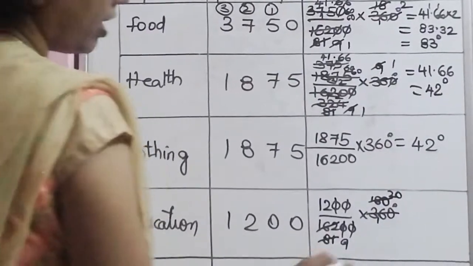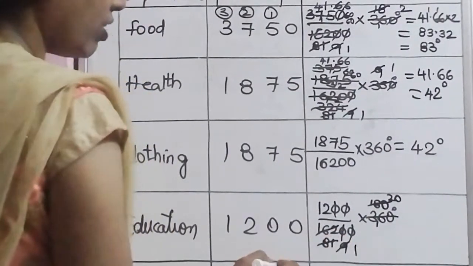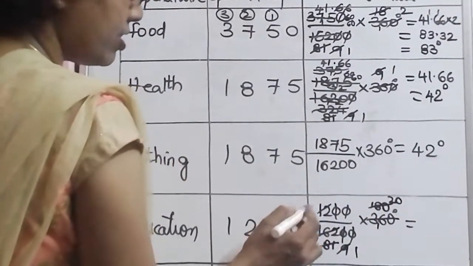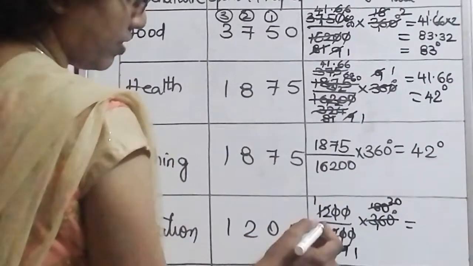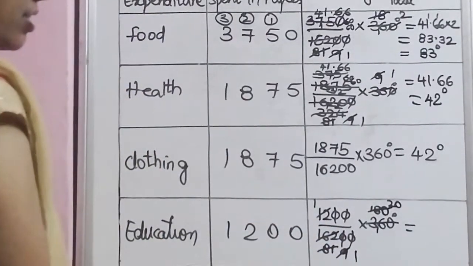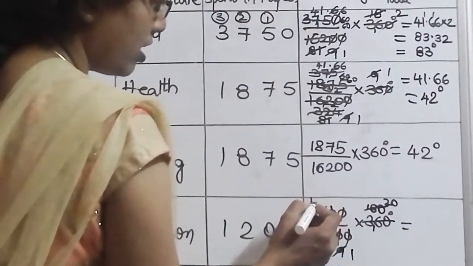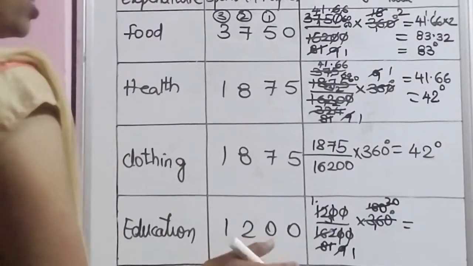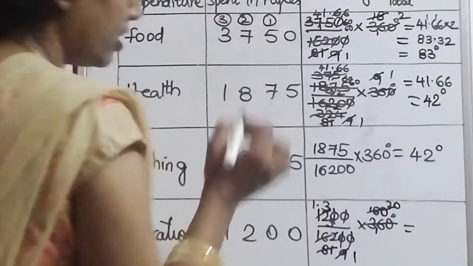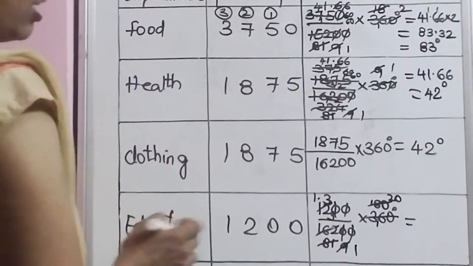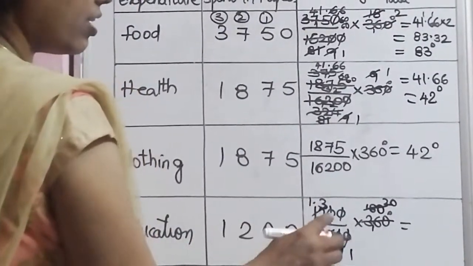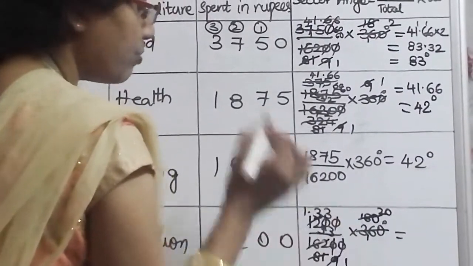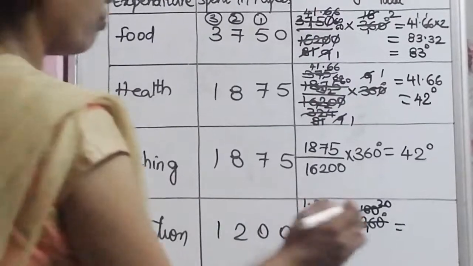Now 9 table. 9 1s are 9. 12 minus 9 is 3. 3 is the remainder. So 30 you have. Then 9 3s are 27. 30 minus 27 is 3. 30 you have. Again 3 times if you take, you will get again 3. So we will stop there.